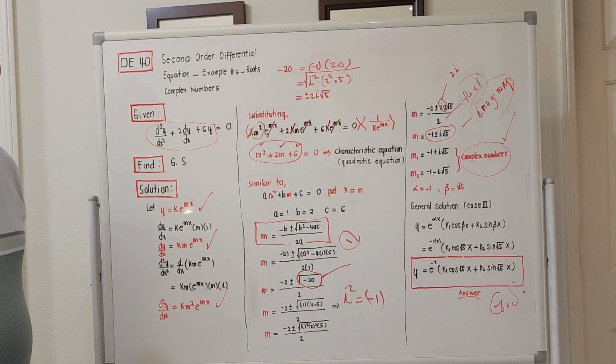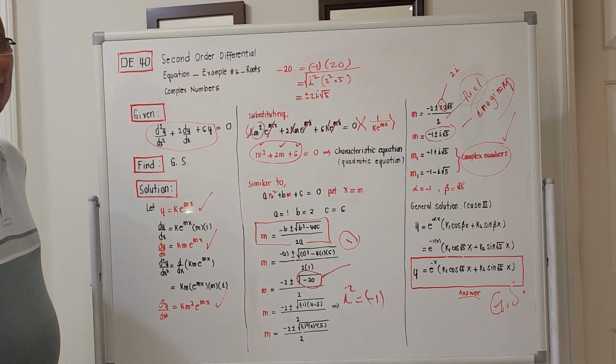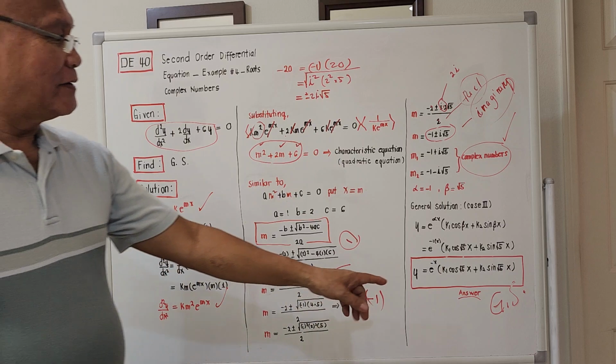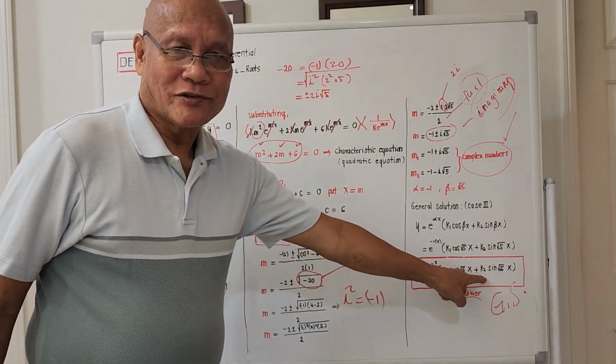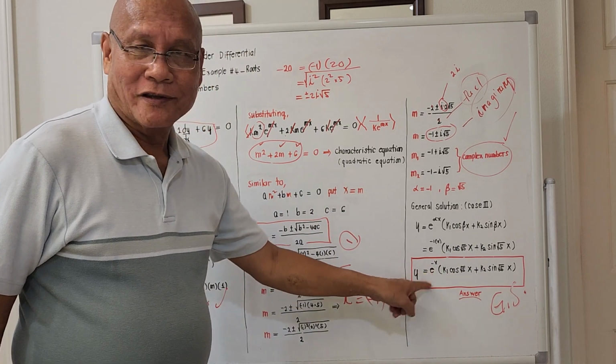And by the way, what will be the application of this? I think the application of this is something like in the so-called generation of electricity. Because if we try to graph this one, it comprises a cosine function and sine function plus an exponential thing.